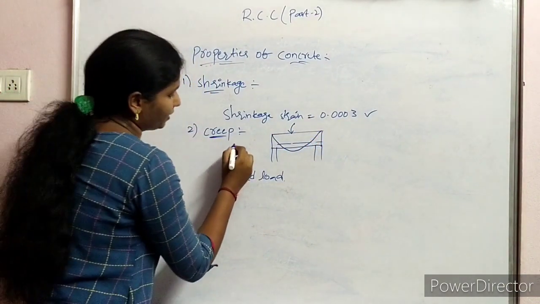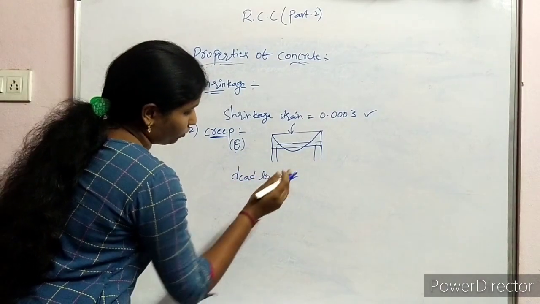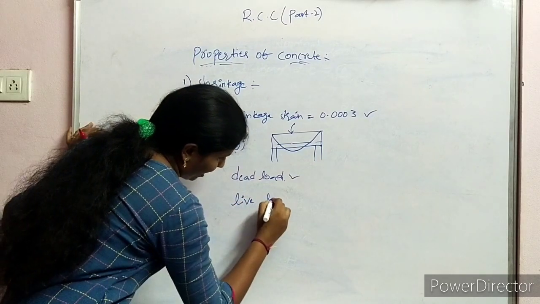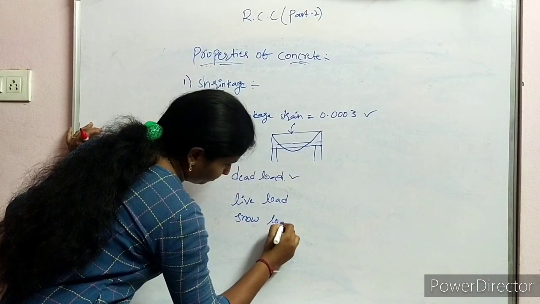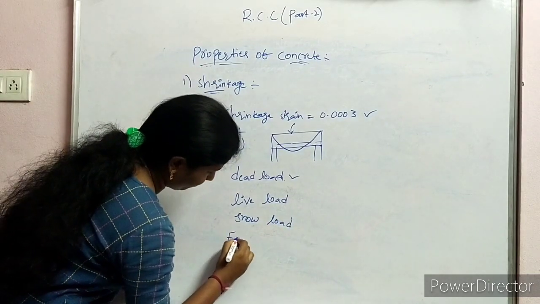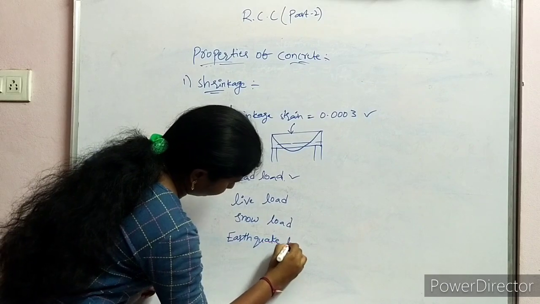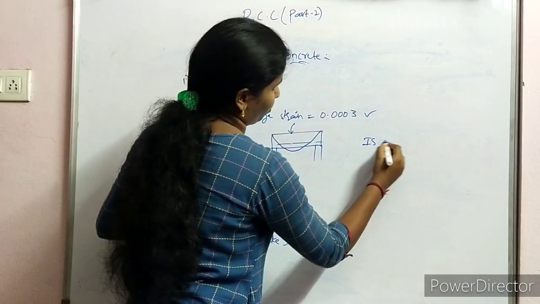Creep is denoted as theta. Here we have a number of loads: dead load, live load, snow load, and finally earthquake load. We all know the IS code.